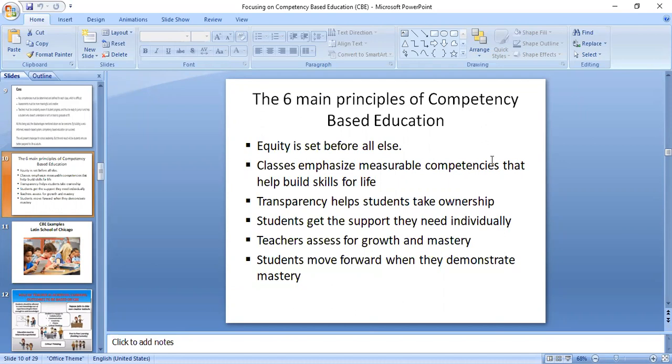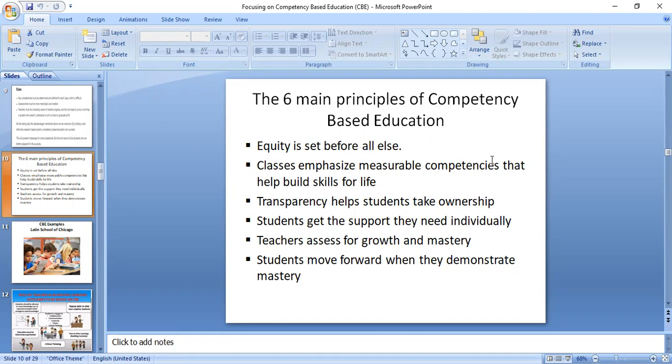For example, teachers may ask students to submit a video essay or create a digital portfolio that can be shared online. So these types of assessments allow students to demonstrate their understanding of the subject, which is the basis of CBE.